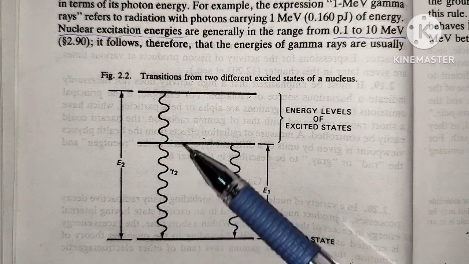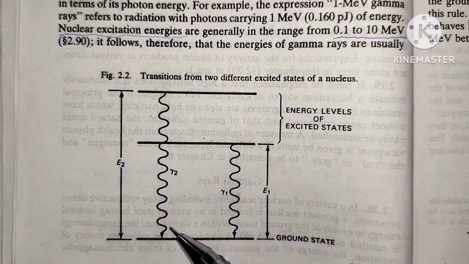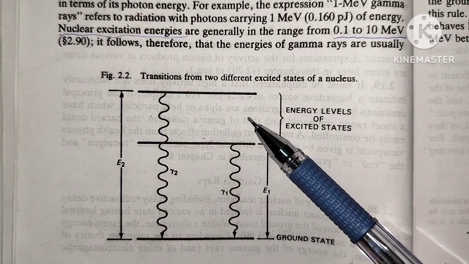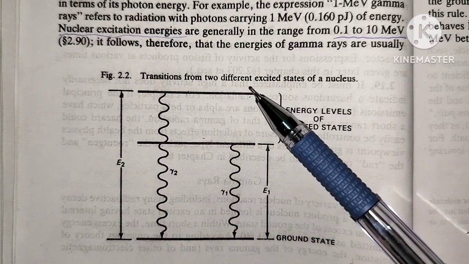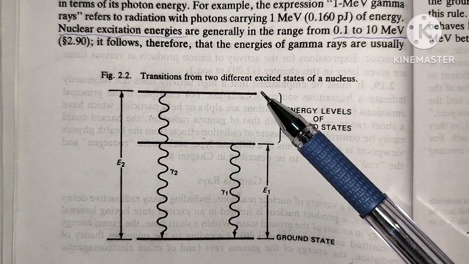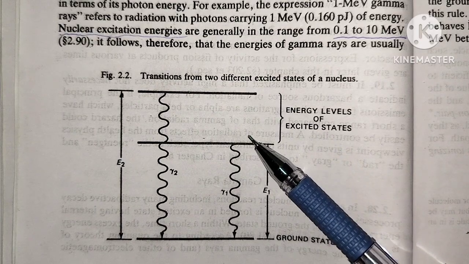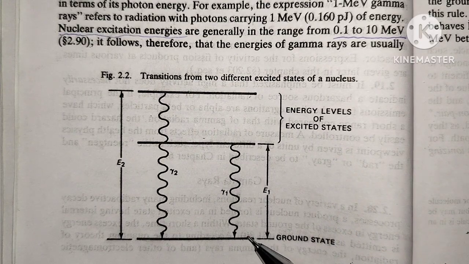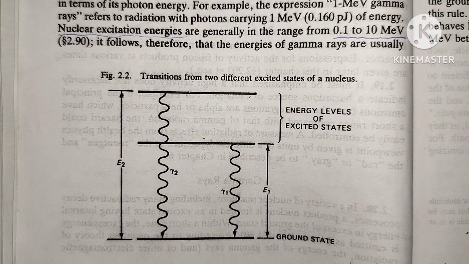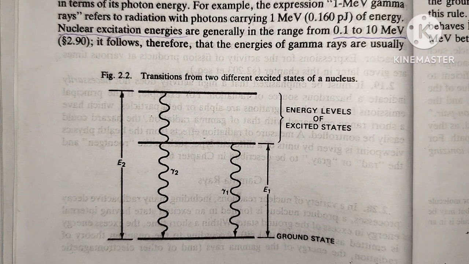So instead of only one gamma ray coming, this probability is less compared to two gamma rays coming due to jumping from second excited state to first and first to the ground state. The total energy remains constant. Agree? Then how it looks, I will show another figure.